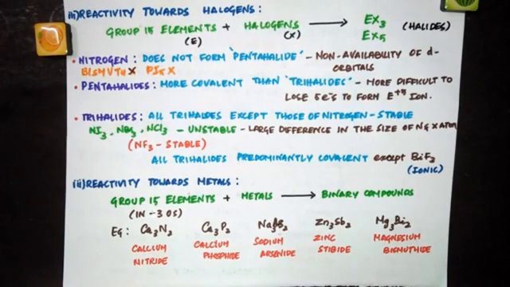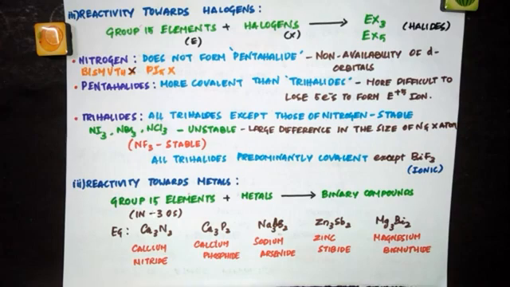The reluctance of the valence s electrons to be available for bonding as compared to the valence p electrons is due to their greater penetration in the nucleus. So when you look at the valence electronic configuration of group 15 elements, you have ns2 and np3.